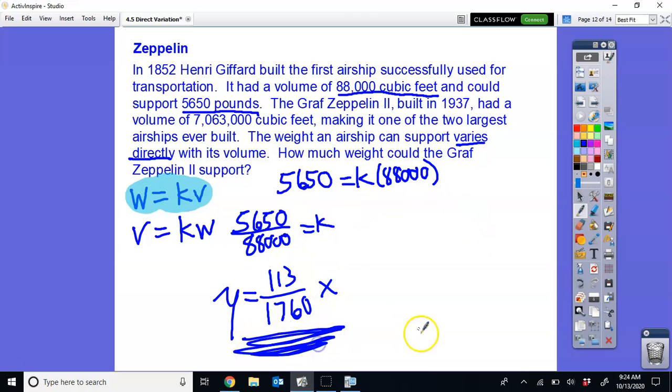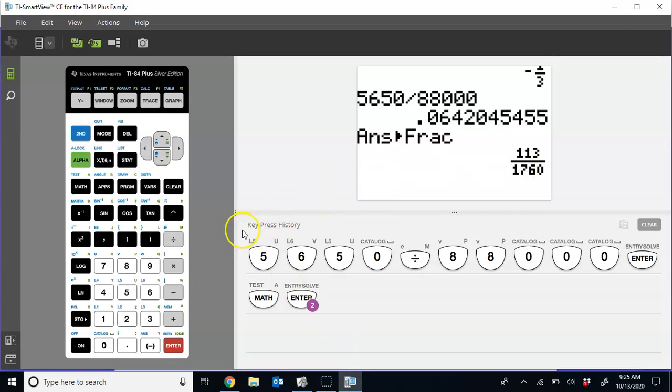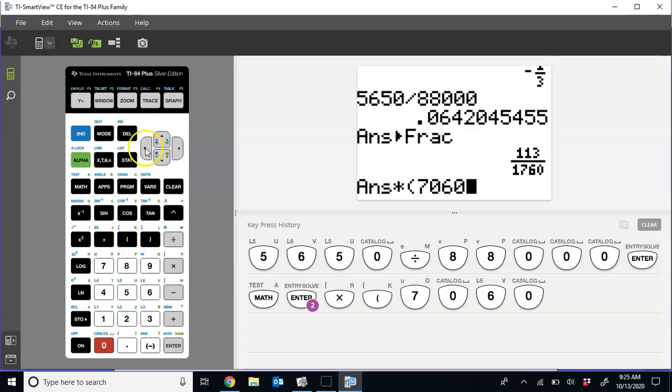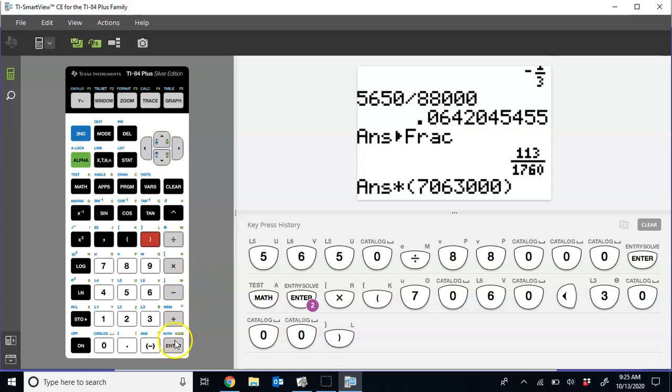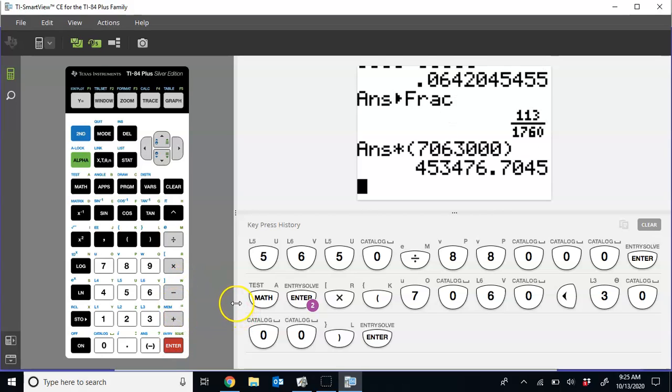So what we could do now is take this ugly fraction times 7,063,000 to figure out how much the Graf Zeppelin would support. So we take this fraction and multiply it by 7,063,000, and that gives me, it would support 453,476.7 pounds.